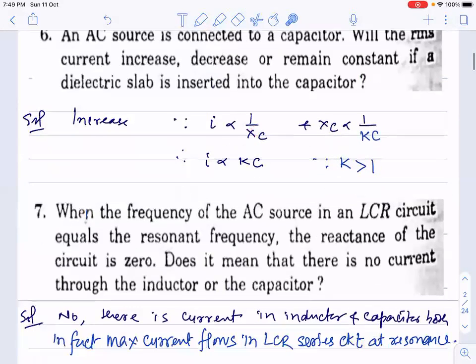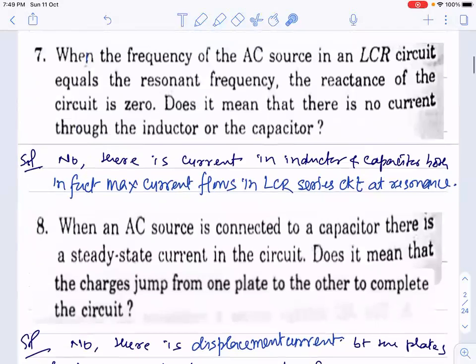All right. Next one is, when the frequency of the AC source in an LCR circuit equals the resonant frequency, the reactance of the circuit is 0. Does it mean there is no current through the inductor or capacitor? No, there is current in the inductor and capacitor, both.